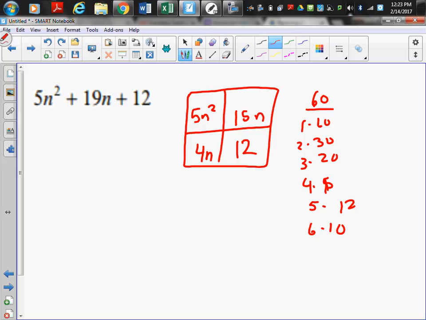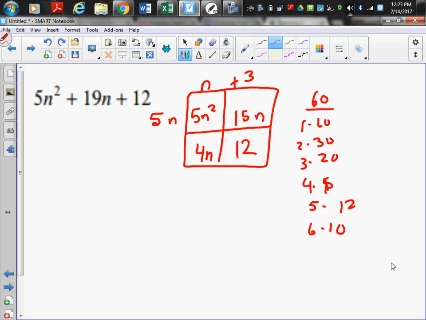Alright, so 4 and 5, the only thing they have in common is 1. So n squared and n has an n. 15 and 12, they have a 3. 15 and 5, they have a 5.